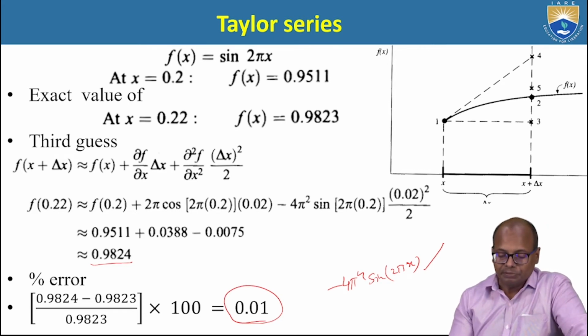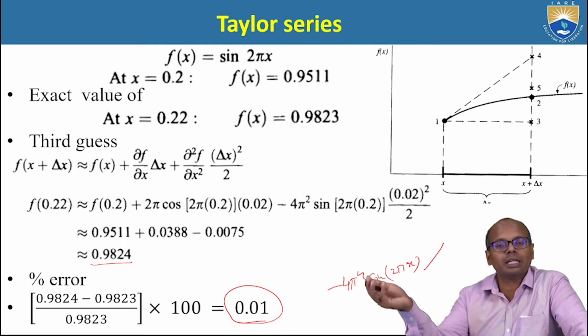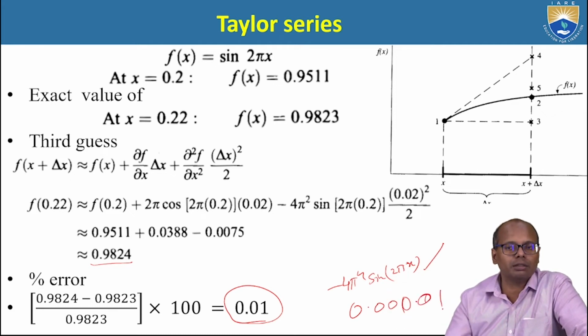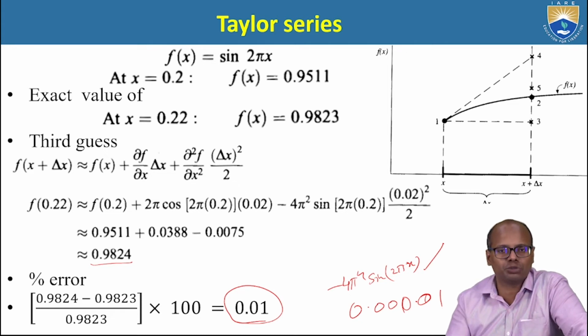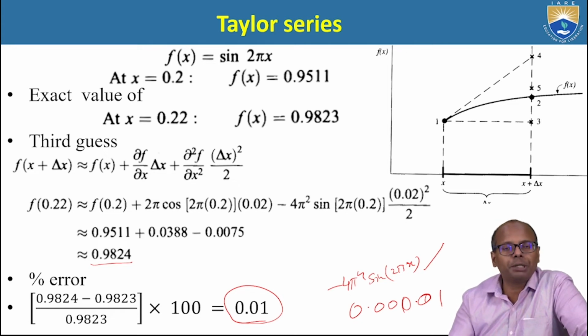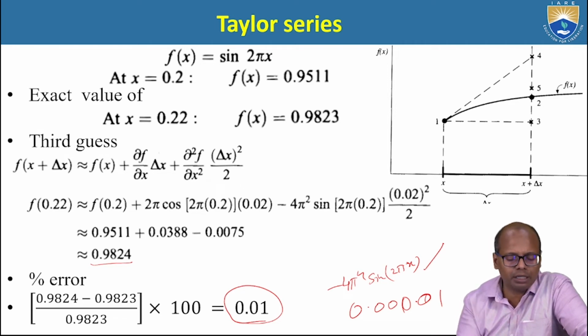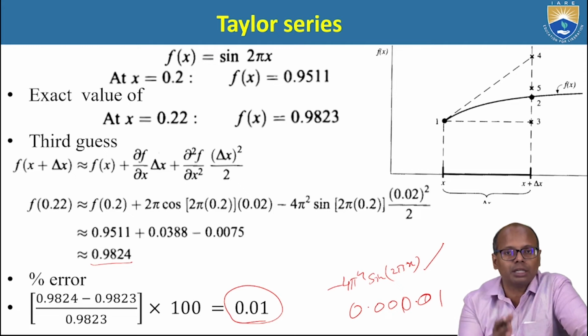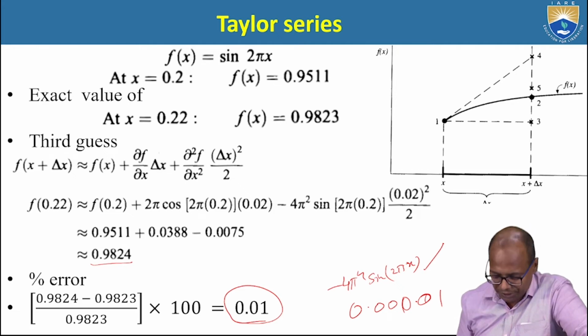If I add further terms, the error may become 0.0001, and like that it may keep reducing. But depending on my requirement, I will end the solution at some particular point.